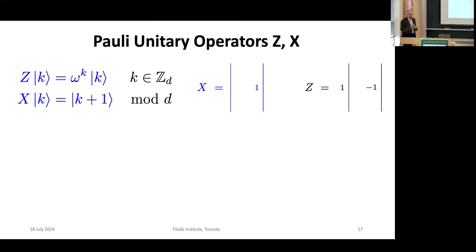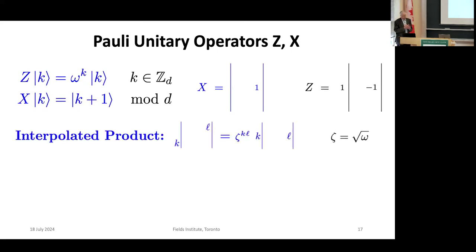And diagrammatically, the X and Z are represented by these two diagrams, where one labels charge k equals 1, and Z is interpolated where the charges are at the same vertical level. And that's interpolation. If the order of multiplication of k and L were reversed, there'd be a factor omega to the KL.